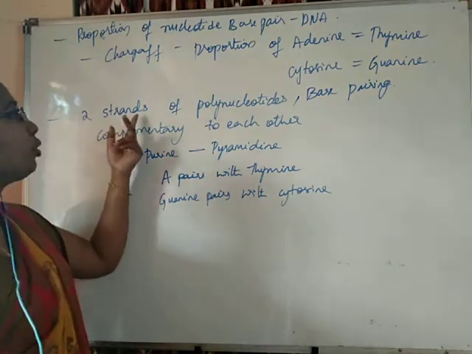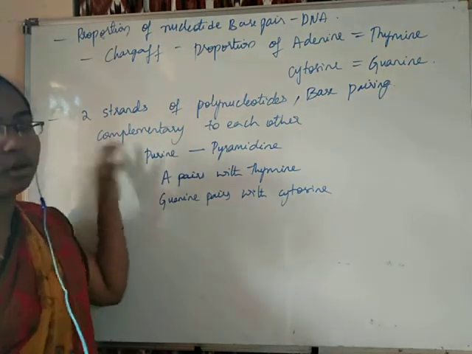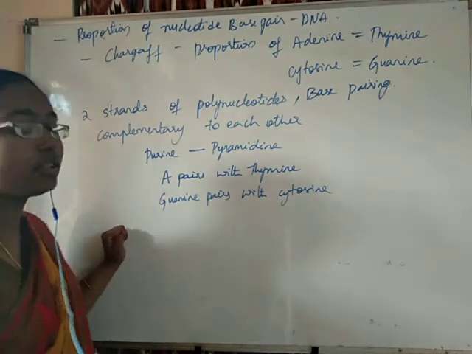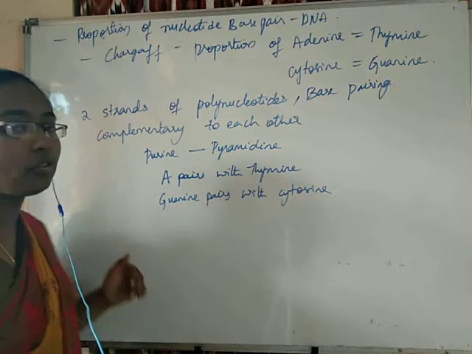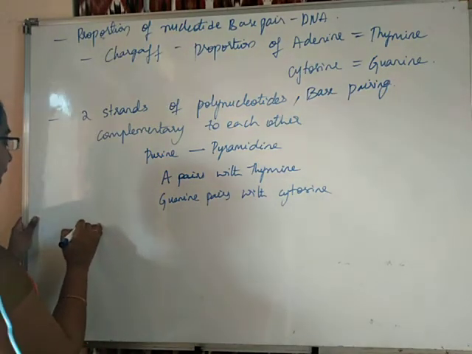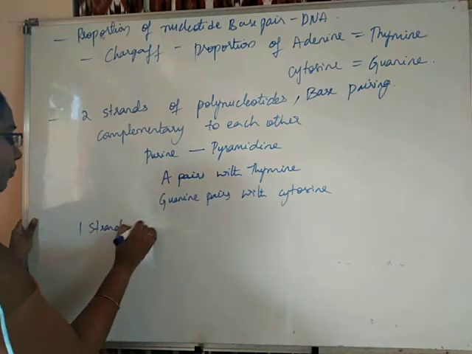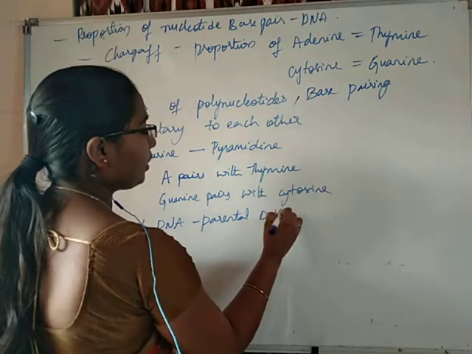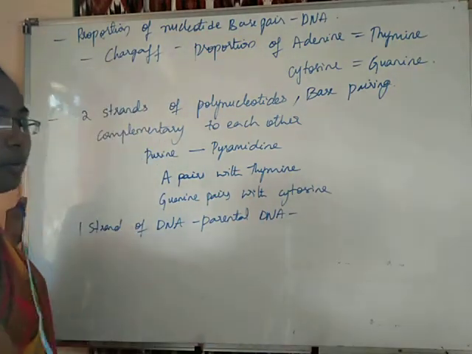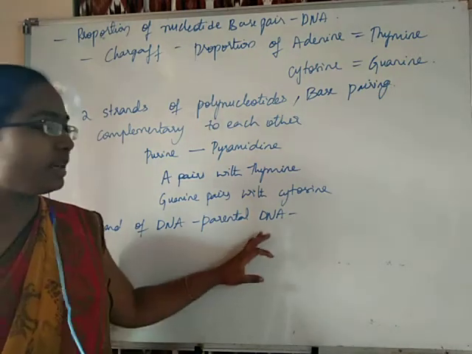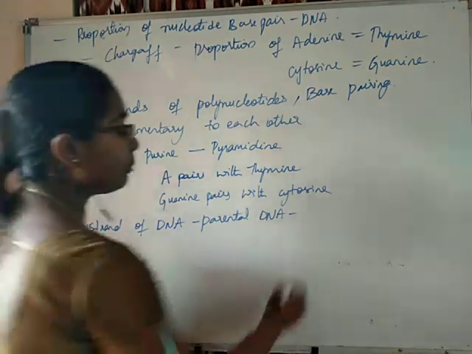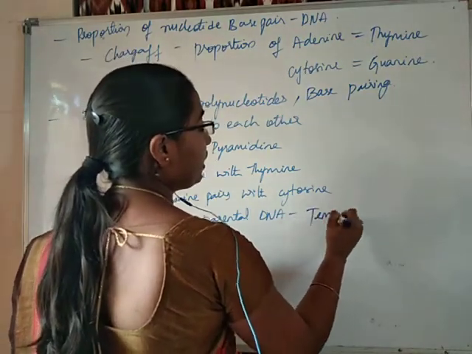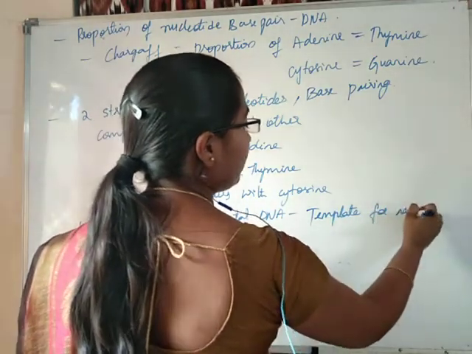Here they have told that there are two strands of polynucleotides which are complementary to each other. That means in cell divisions, one strand of DNA, which is considered the parental DNA, can be involved in replication by acting as a template for new DNA.